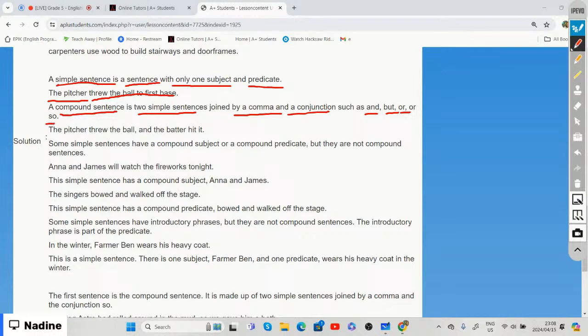So we have two simple sentences that we are joining together, and we join them by using a conjunction. Once we add the conjunction, we also need to add a comma before it. So comma, then conjunction: and, but, or, so.